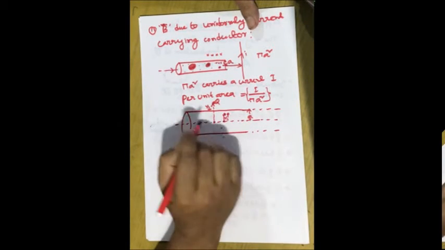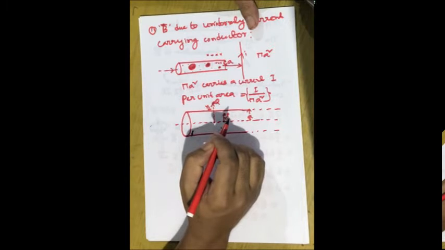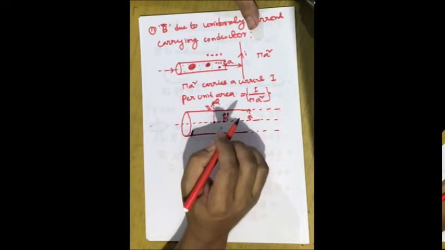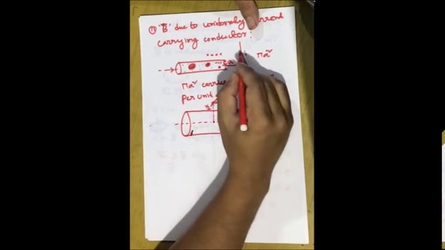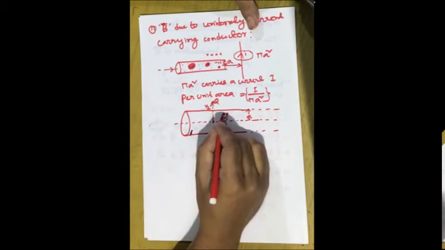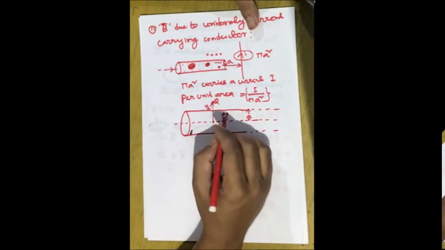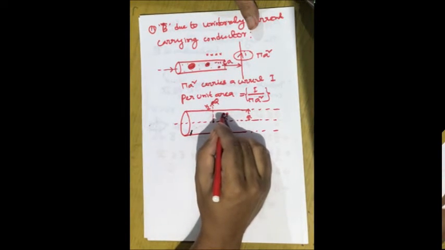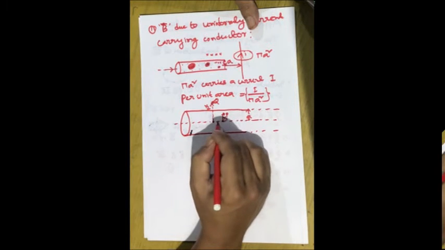Now, in order to find the value of the magnetic field at the point P and Q, we have to use the Ampere circuital law, and the first step of the Ampere circuital law is to choose the Ampere's loop. As I have told you, due to a current carrying conductor, the magnetic lines of force are always circles around the conducting wire. Therefore, at the point P also, we will choose an Ampere's loop, which is a circle of radius R1.